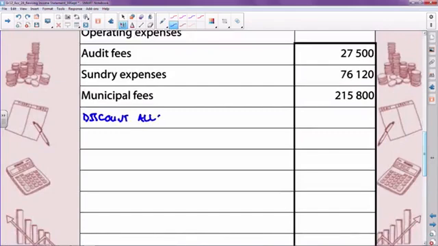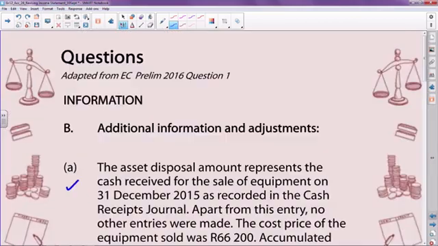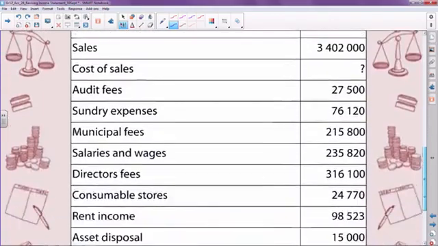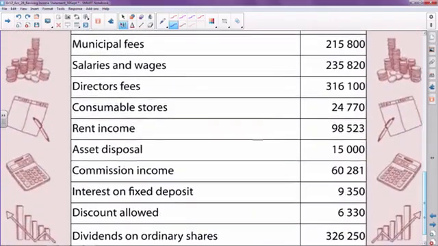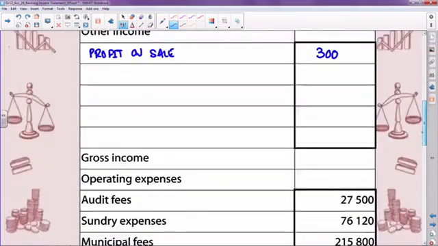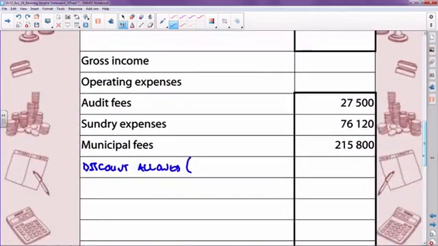Open my bracket, identify my figure that appears in my trial balance, my discount allowed was 6330. Okay, so I've got the 6330, 6330 minus 180. Why? Discount allowed has a debit total.